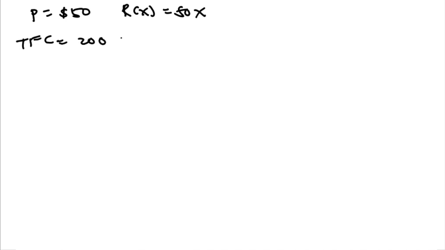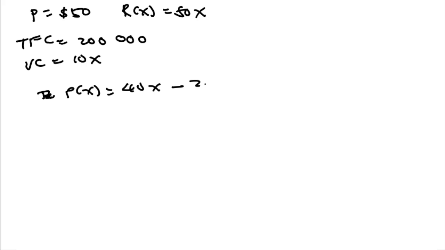The price is $50, and the revenue is 50x because price times quantity. Total fixed cost is 200,000. The variable cost is 10x, and we found the profit function equivalent to 40x minus 200,000.